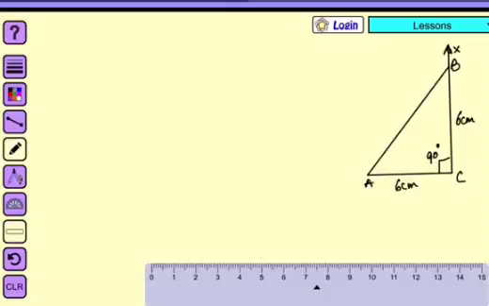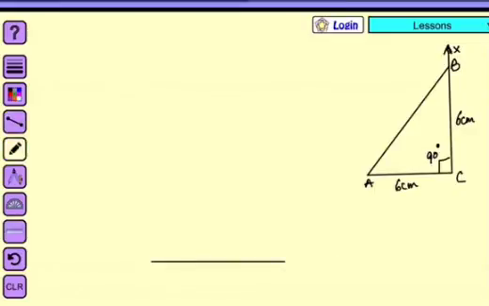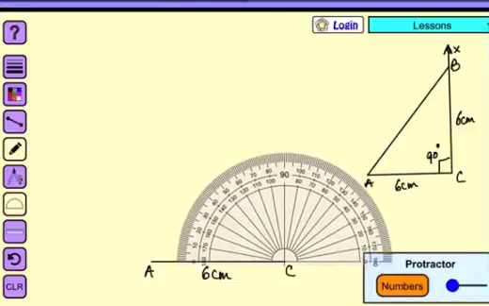The first step would be draw AC of length 6 centimeters. We will label it as A, C and 6 centimeters. Then the next step, at C, draw CX perpendicular to CA. So we will just have the protractor placed on the baseline AC with C as center and construct 90 degrees, that is CX becomes perpendicular.